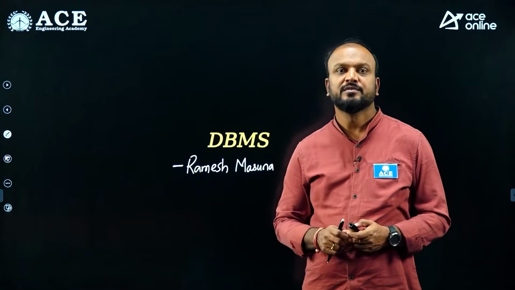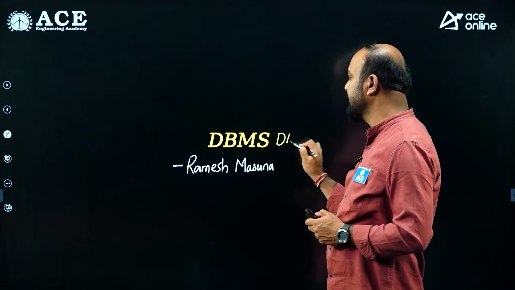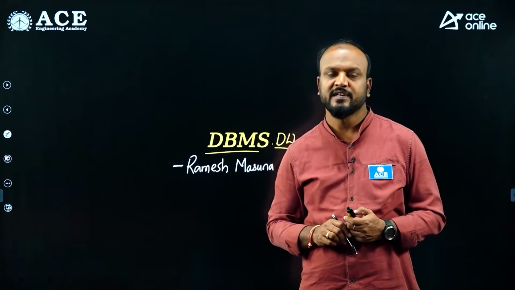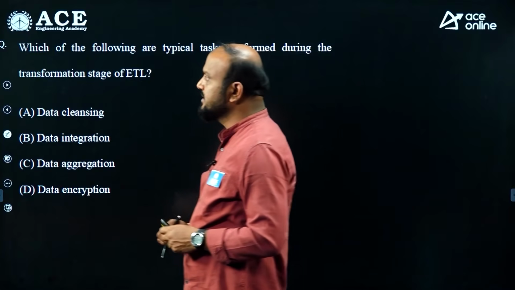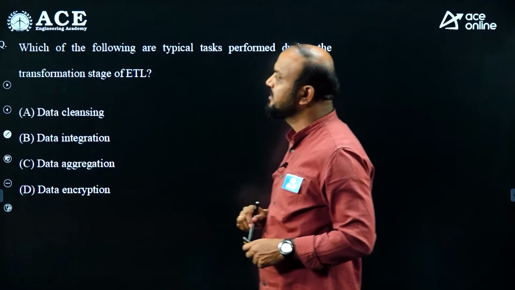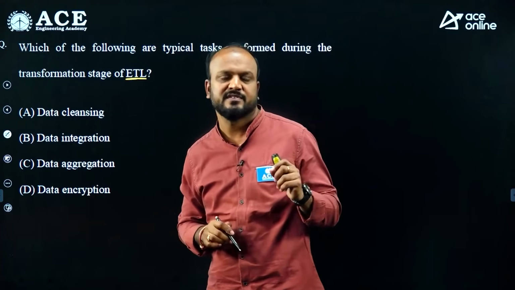Now I am going to discuss database management systems and data warehouse, the solutions given in the pre-GATE 2026. Here the first question is, which of the following are typical tasks performed during the transformation stage of ETL? What is the ETL process?